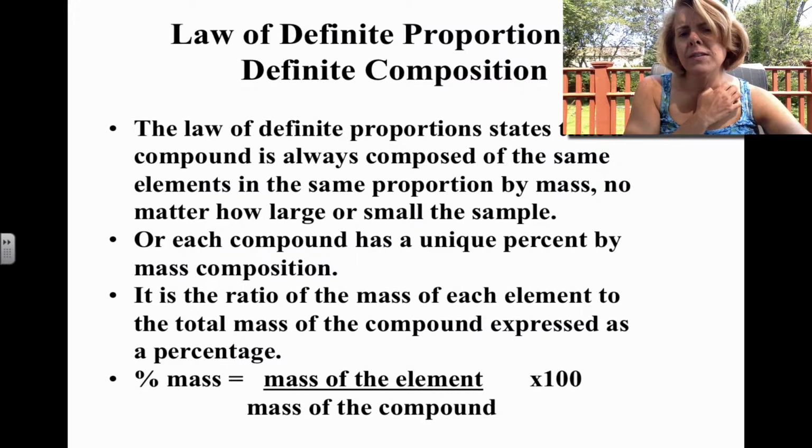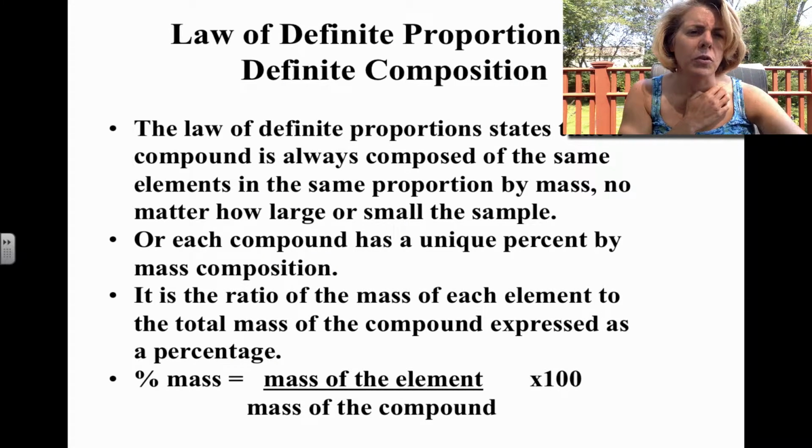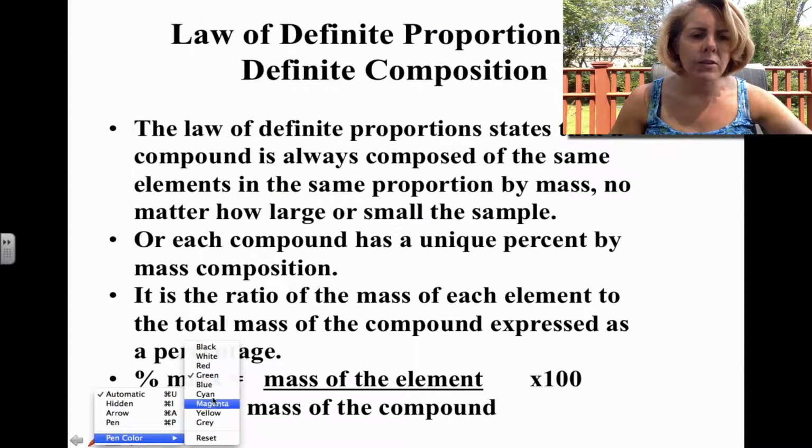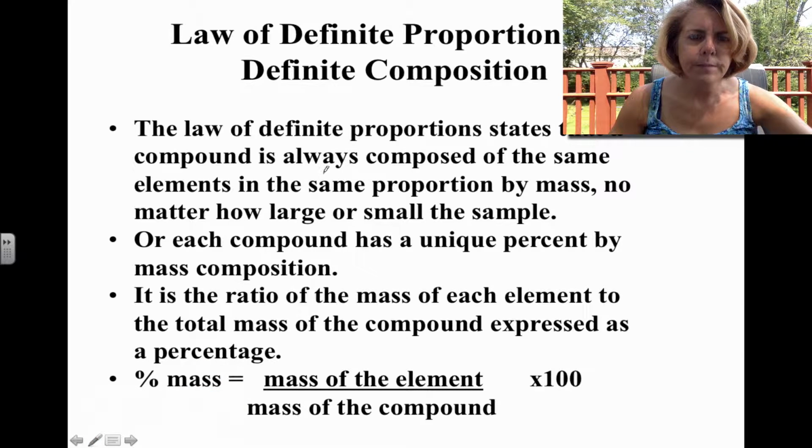Okay, this is the last calculation that we have to do within this chapter, and this is the law of definite proportions. So what does this mean? Well, this essentially means that a compound is always composed of the same elements and in the same proportion.